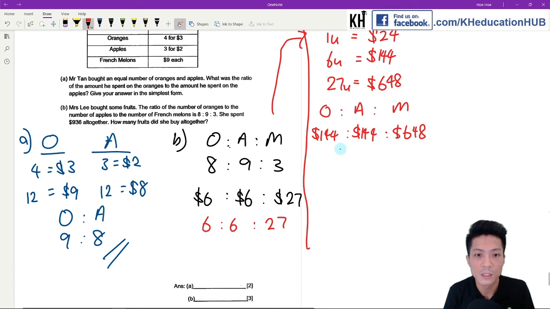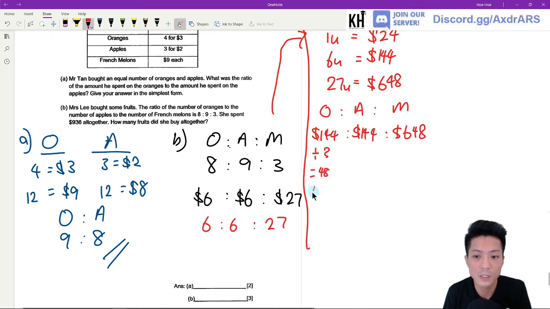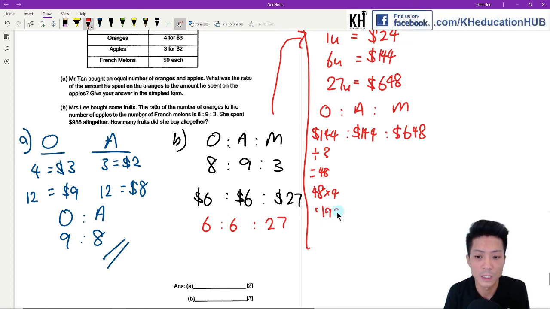So for oranges, $144 can buy me how many? 144 divided by $3 is going to give me 48. But remember this is 48 groups, so the next step will be 48 times 4, which is 192. For apples, I need to divide by 2.